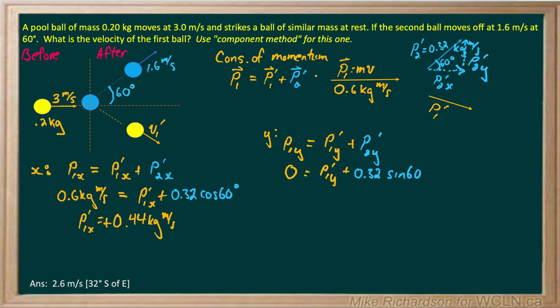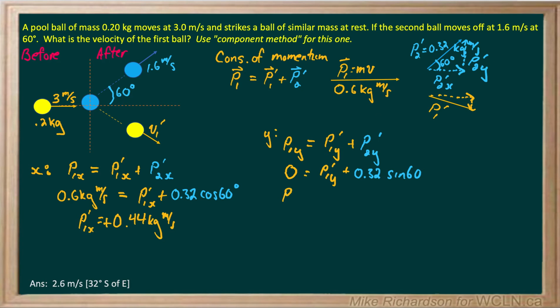In other words, this final momentum that we're looking for has an X component, that we've just figured out to be 0.44 and a y component that we're about to figure out. If there's no y component before, then those two y components have to be equal and opposite of each other after. So clearly I've not drawn it to scale, but that y component and this y component of P2 prime, they have to cancel each other.